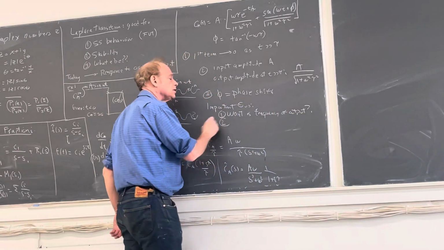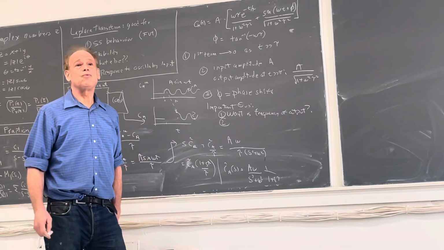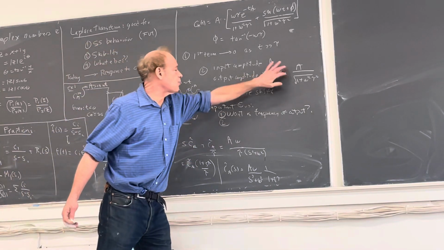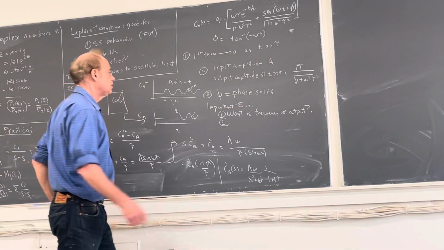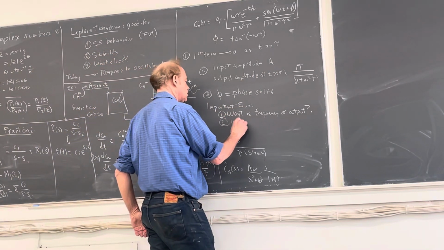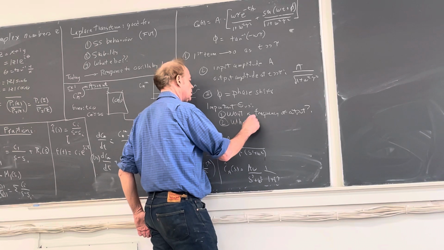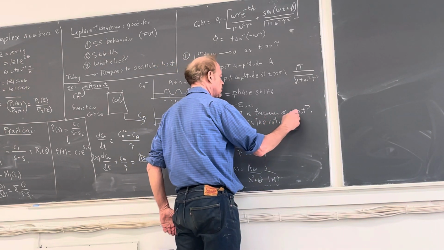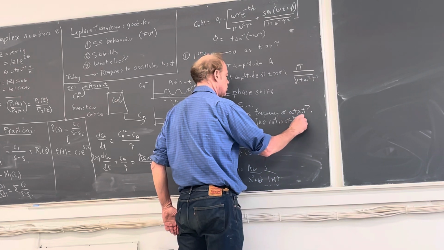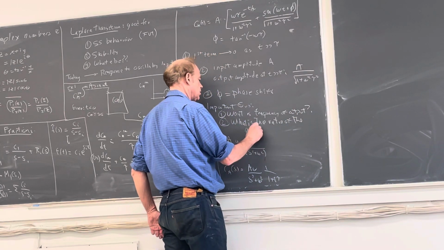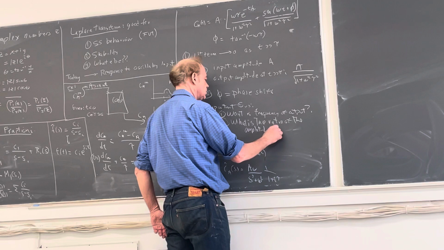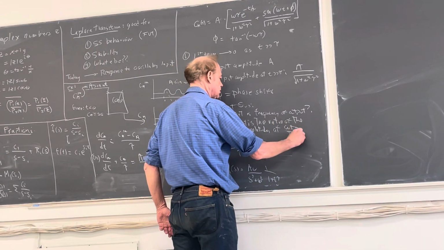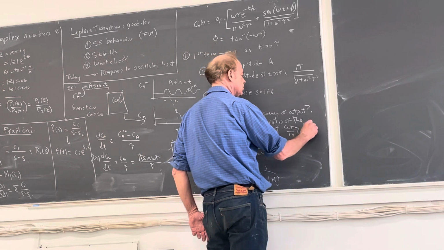The second question: what is the amplitude ratio? What is the amplitude of the output divided by the amplitude of the input? That's called the amplitude ratio.